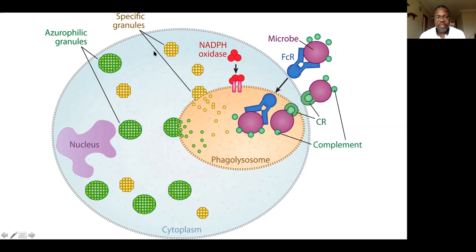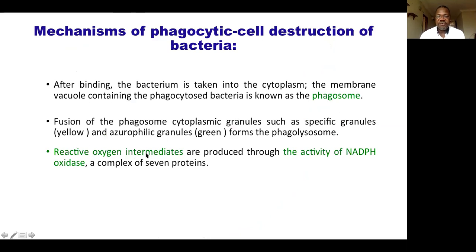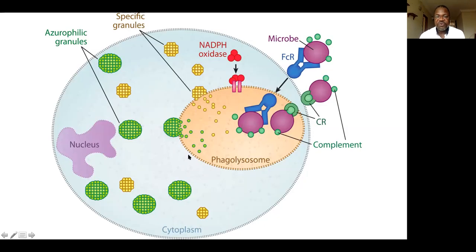Then your phagocytic cells will release specific granules, and azurophilic granules will be in contact with the phagocytosed microorganism. And you will also have the NADPH oxidase, with the release of reactive oxygen intermediates. Those are very toxic to the microorganism, and they will destroy it. So this is how it happens.